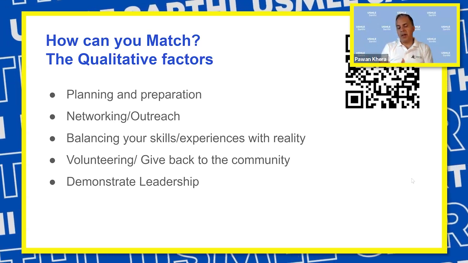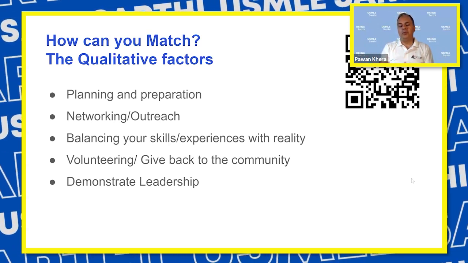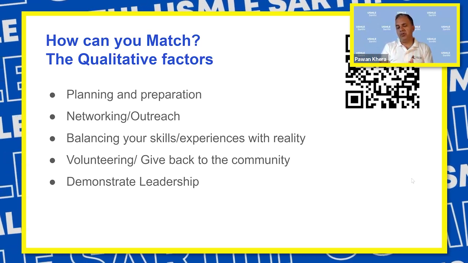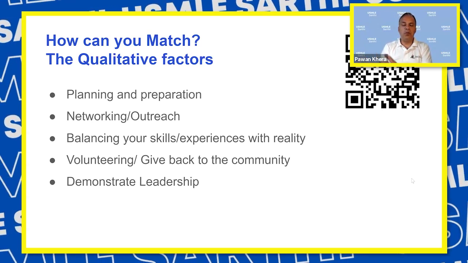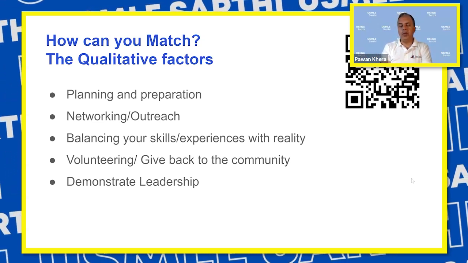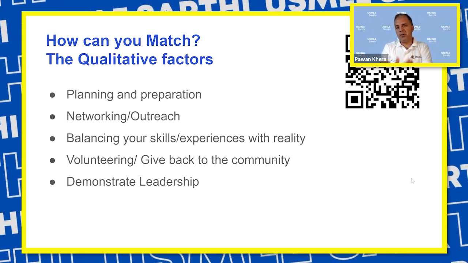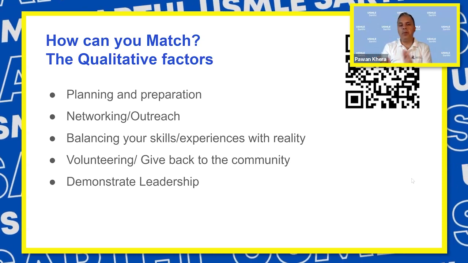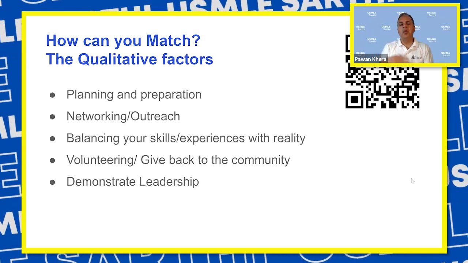So how you balance all that is also a factor. Sometimes you may have experience in one specialty, but your scores may not align with that specialty. If you got a 210, for example, then internal medicine is going to be a real stretch for you, right? So how you balance all that is important.